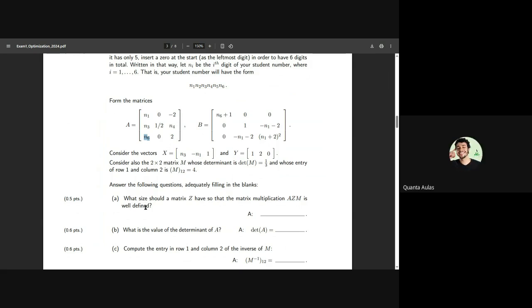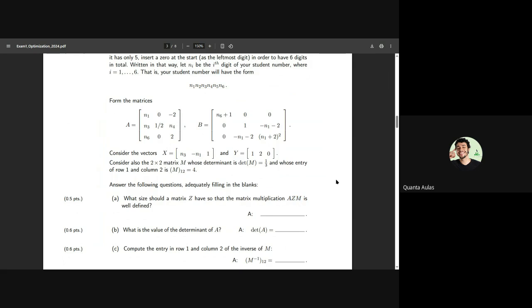What size should a matrix Z have so that the matrix multiplication AZM is well defined? But this is very easy. I don't know if you know, but we have some rules to do multiplications of matrices, right?